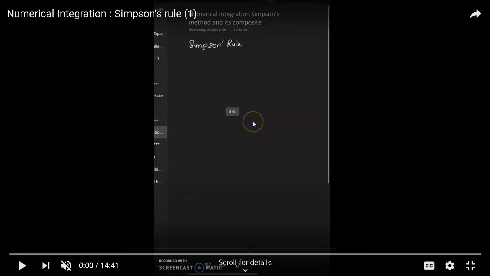How many columns are needed for the composite Simpson's rule to be created? Because we need to find the summation of fi odd and the summation of fi even.